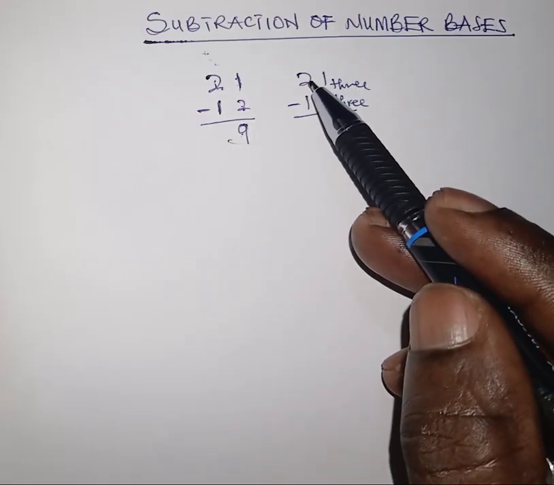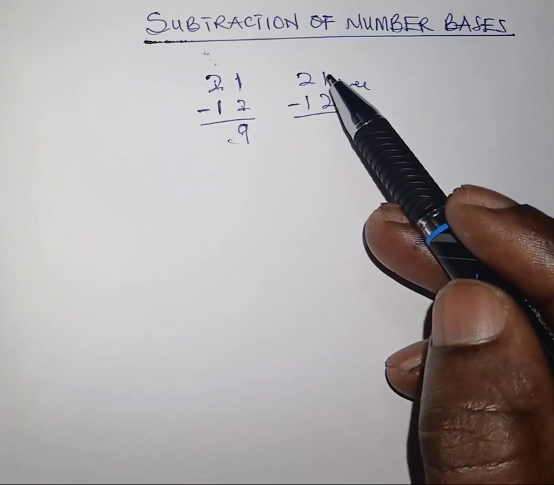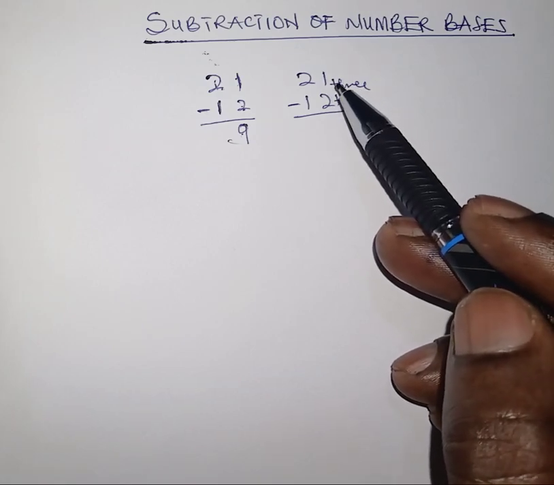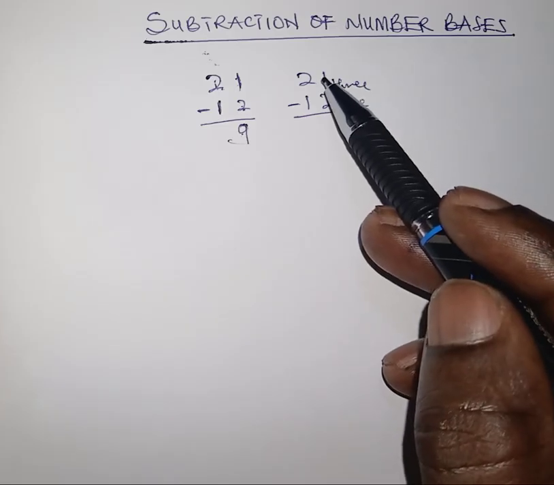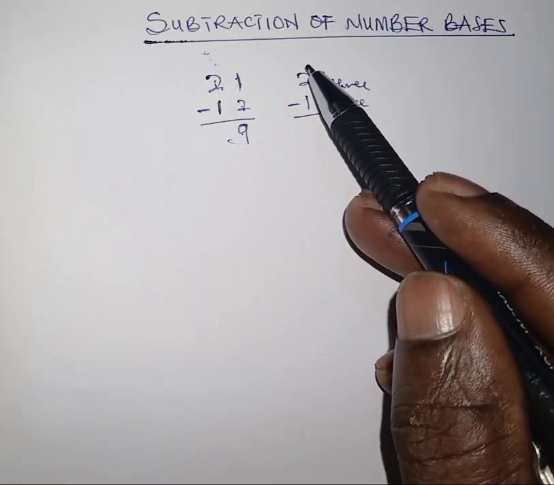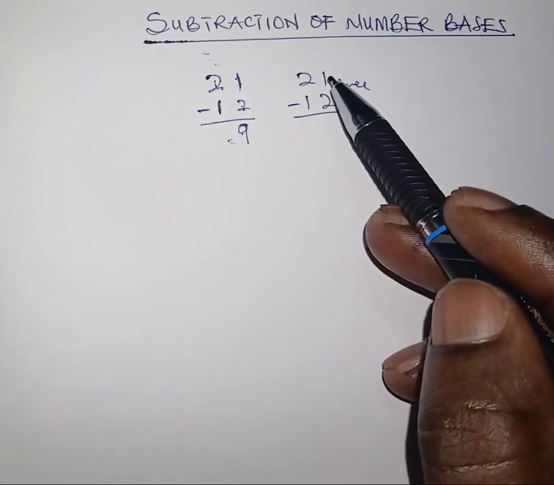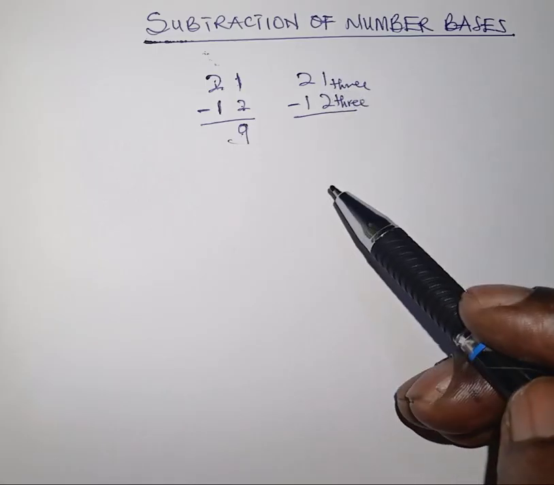So it means if I borrow 1 here, when I come here to add, it is the 3 that I'm going to add, because it is given as base 3. So I'm going to add 3 to 1 to make 4 before I can subtract.